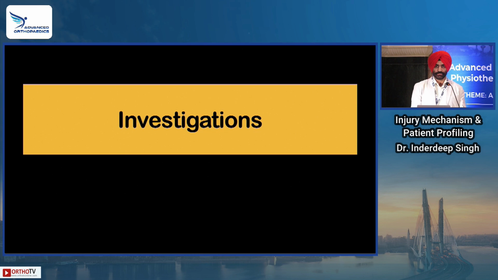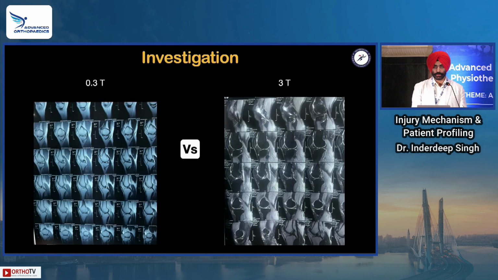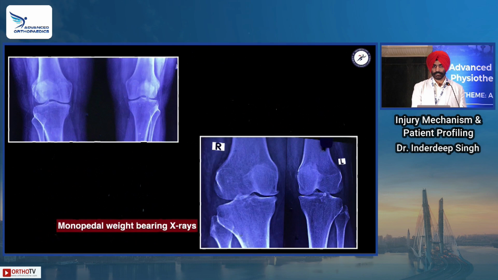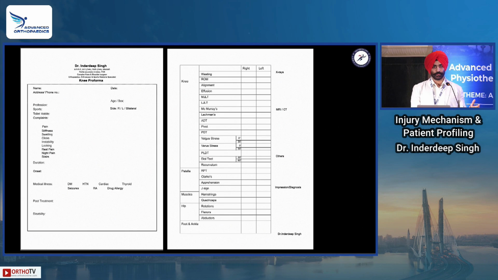So investigations, the most important investigation I would like to get is monopedal weight-bearing X-rays, not just weight-bearing, but a monopedal stance view, and a good quality MRI, not 0.3 Tesla. You need to have good 3 Tesla MRIs available very easily. And I have a proforma in my OPD setting where I write plus minus, and I can actually write my clinical impression and correlate it with the MRI findings.